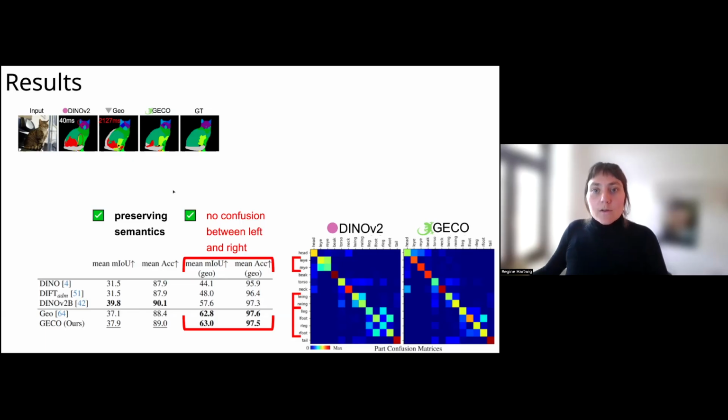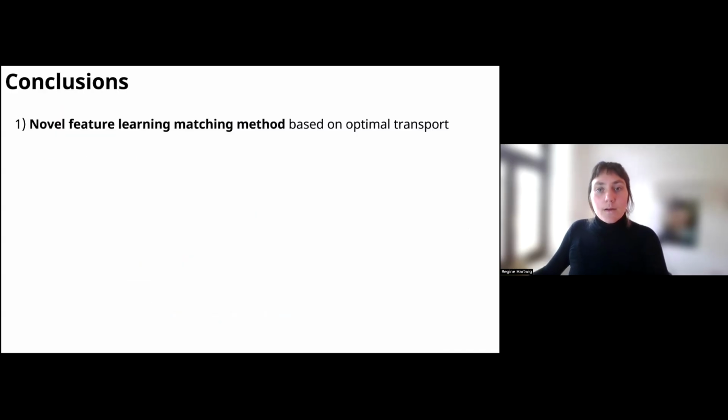So in total, we conclude that our features learn the geometric distinction, while this is quite similar to the competitor, while we better keep the overall segmentation performance. Okay, so in conclusion, we propose a novel method for visual feature learning based on optimal transport soft assignment.